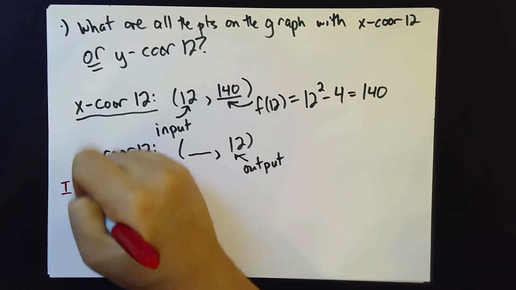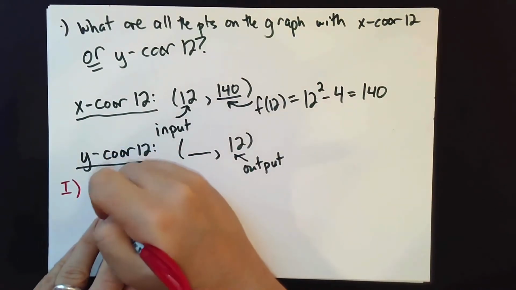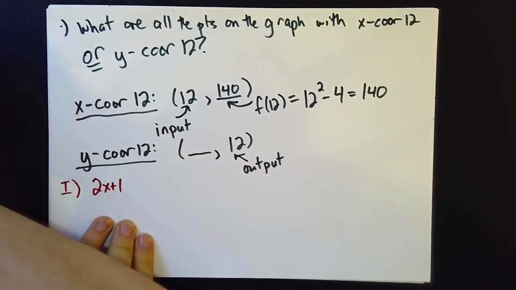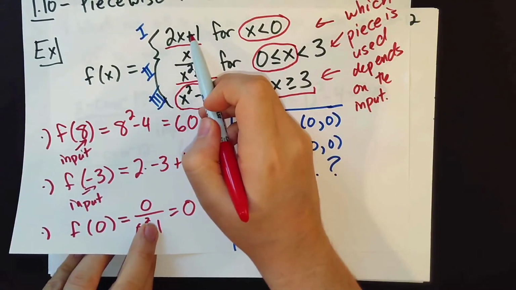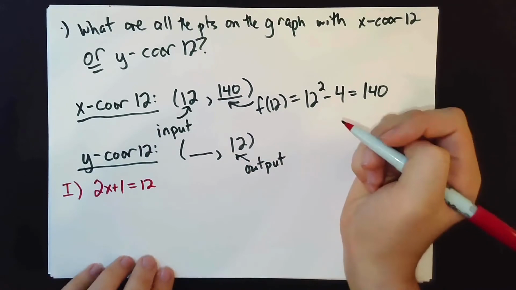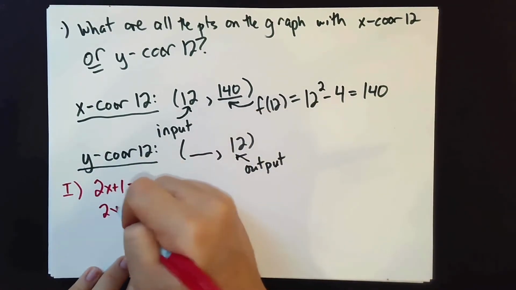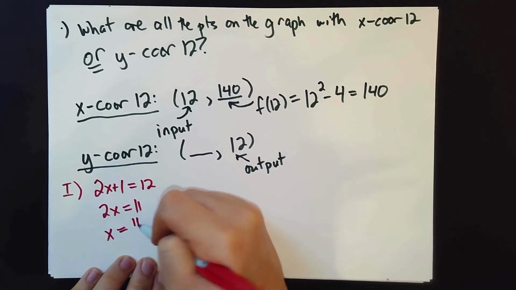So piece 1, I need to know when 2x plus 1, that's the output here in the first line, is 12. So I'll solve that. It gives me 2x is 11, and that will give me x is 11 halves.